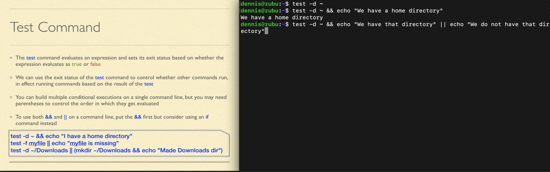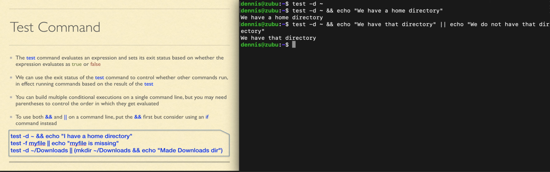As a matter of fact, if you mix && and double pipes on a single command line, the shell may or may not be evaluating those things in the way you think they should be. The way to force it to consider the way you want, the third example on the slide gives you a way to do that. You put parentheses around the things that you want to belong together.